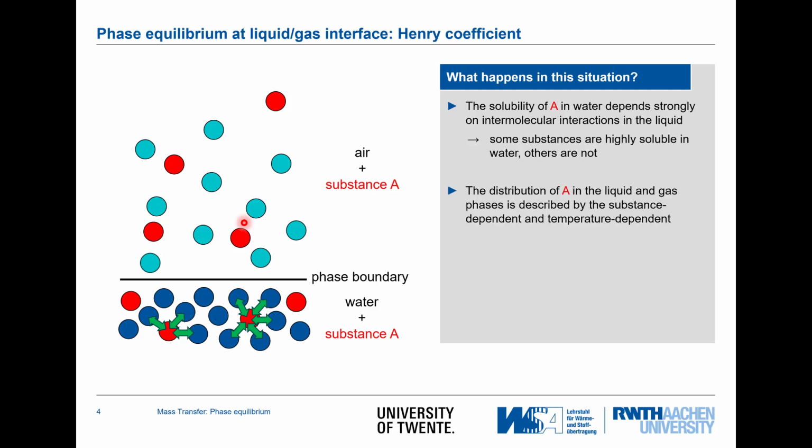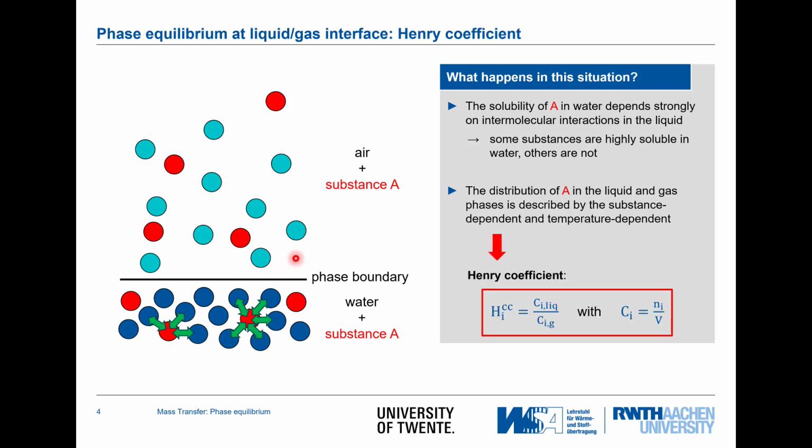Now, if we want to describe this concentration, we have a dependence on which substance we talk about, what the temperature is, what the pressure is, and this is quite a number of dependencies that we would like to overcome by using a rough approach, and that rough approach is to use the Henry coefficient.